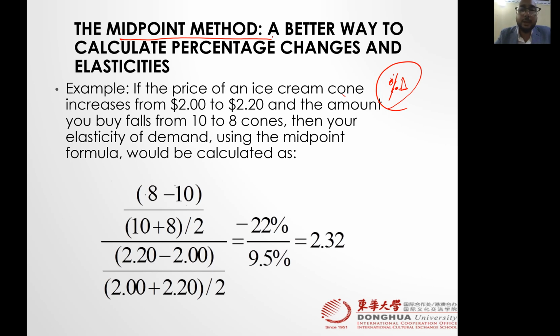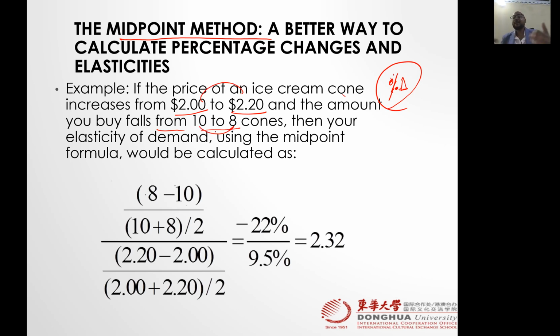So that you understand, okay, from reverse, new to old or old to new, elasticity will remain the same. So we have an example here, that is, if the price of an ice cream is increased from 2 to 2.2, the amount you buy falls from 10 to 8 cones. Remember, when price increase, quantity decrease.